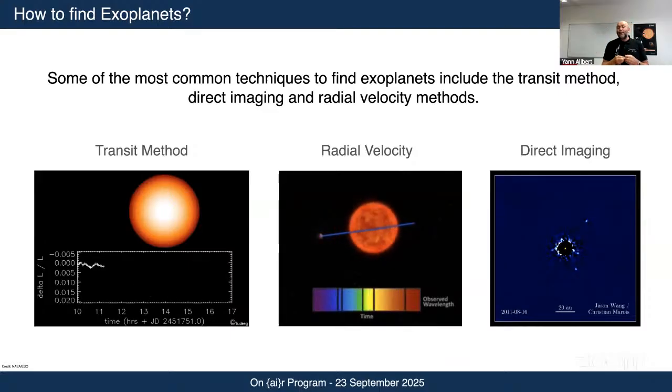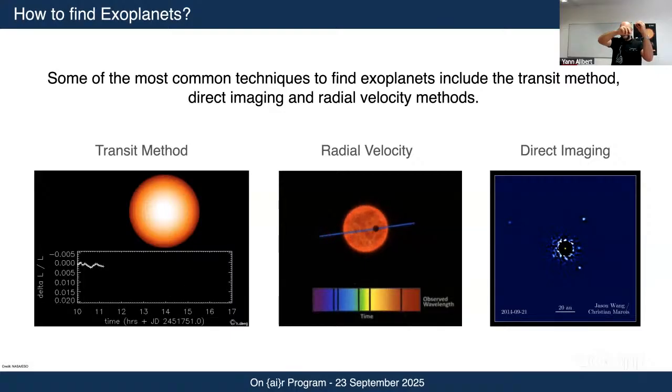There is exactly the same effect that happens with light. If you have a source of light that is going from far towards you, and then again in the other direction, then when it comes towards us, it will be a little bit bluer. And then when it goes away from you, it will be a little bit redder. So now if you imagine that, again, we have a star here, and we are sitting here, and there's a planet that orbits.